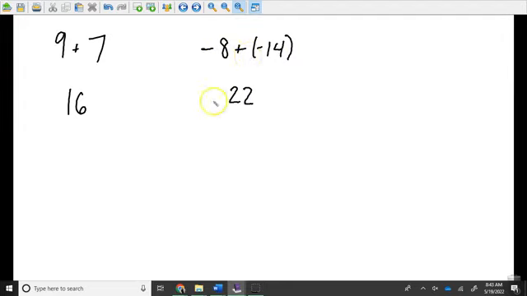And then they are both negative, so my answer will be negative. That is all you're doing. That's it. Okay? You're taking the two numbers, adding them together, and then if they're both negative, the answer is negative. If they're both positive, the answer is positive.